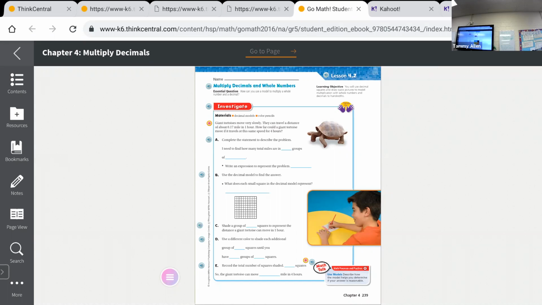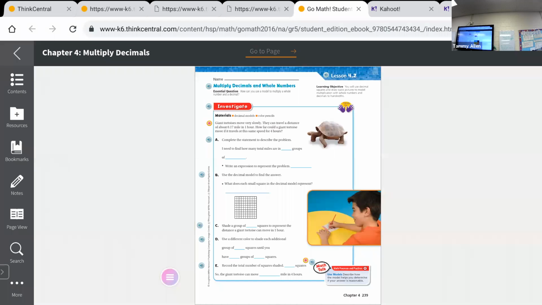Let me ask you this. How many boxes are in there? 100. So each one represents what?